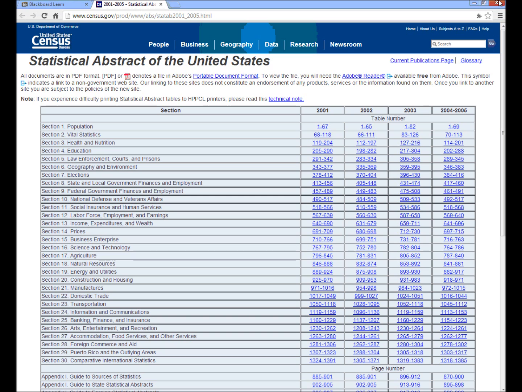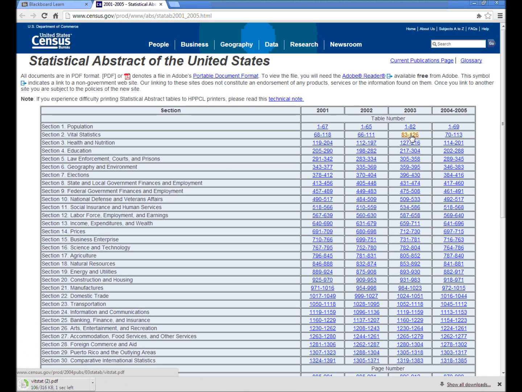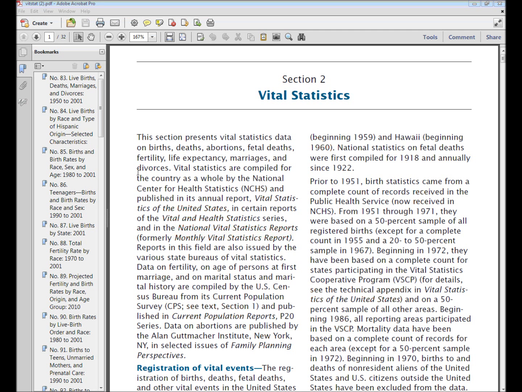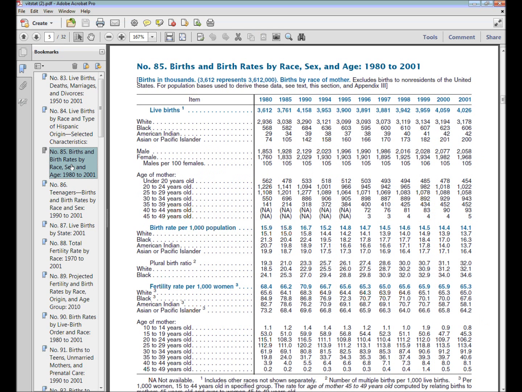Okay, so I'm going to go to another table. It's going to take me a minute to pull that up, and this is going to be table 85. And that's vital statistics, and we're going to be looking at births and birth rates by race, sex, and age. So again, the births are in thousands, and when it says in thousands, that means you add 3 zeros to the end.